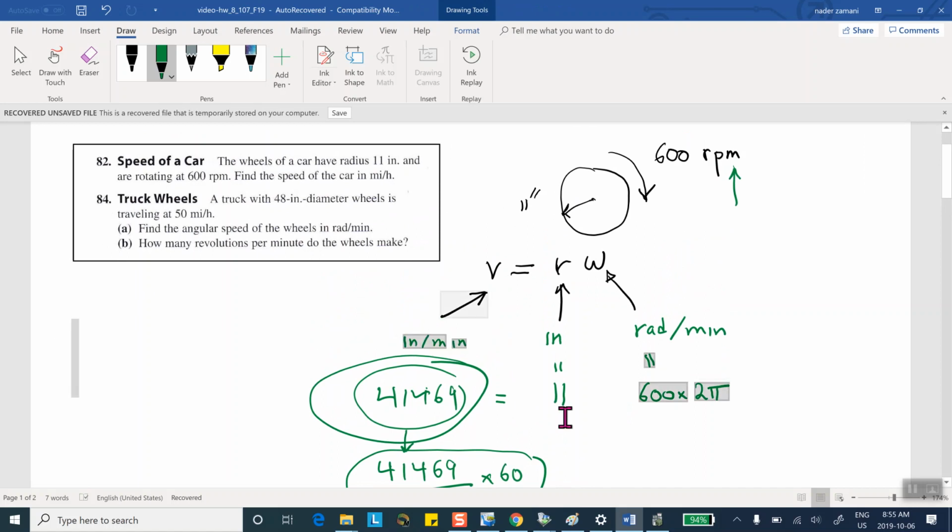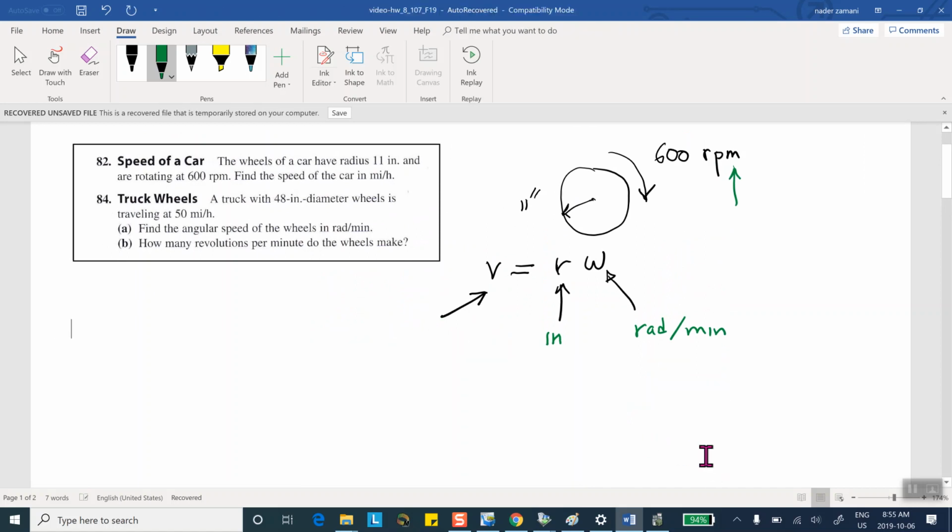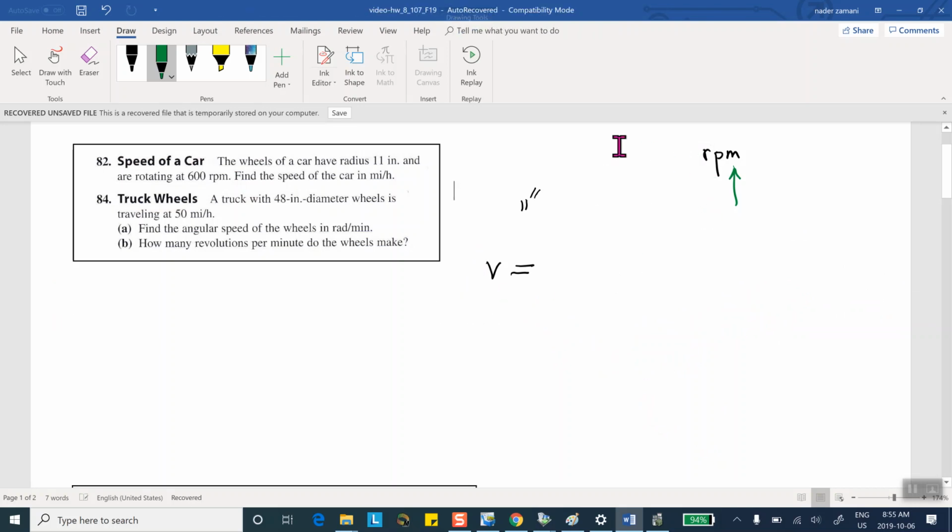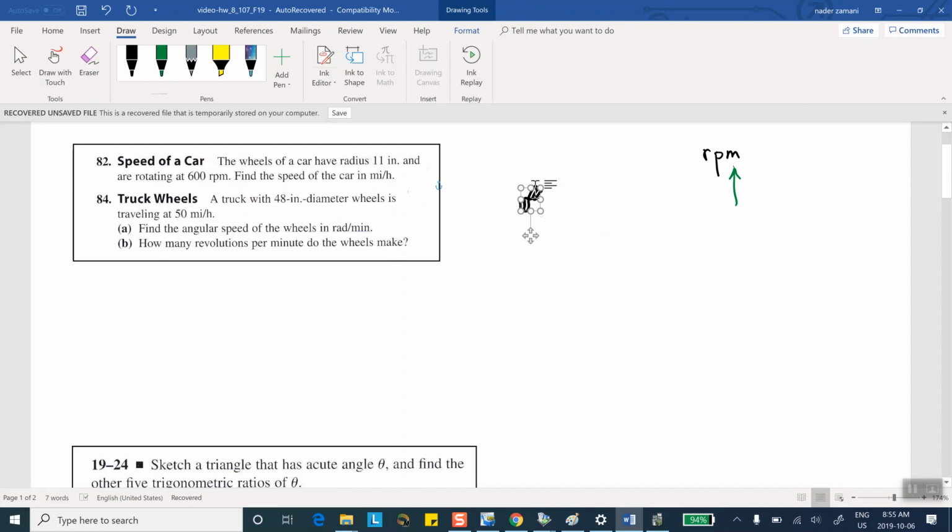Let me get rid of the stuff that I don't want here. We'll erase this. We'll erase that. Problem number 84.